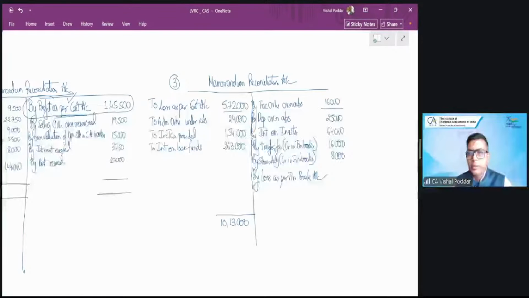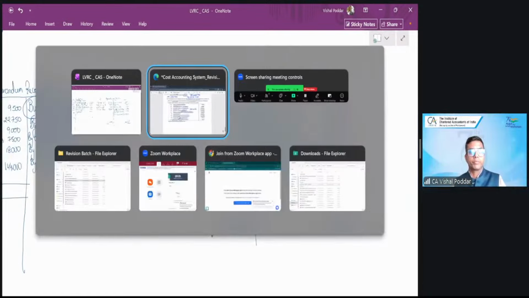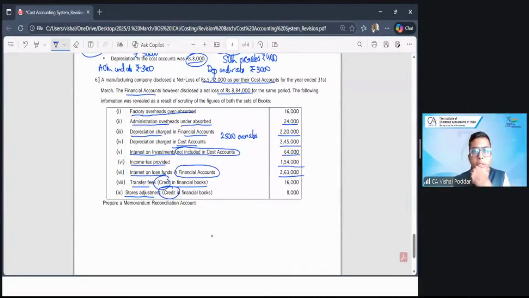So less 16 and 5, 64. So I'm getting my loss as per financial books as 884. Yes. So it tallies, 884. Fine, students.